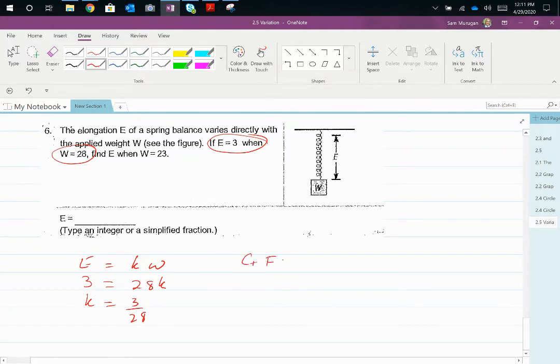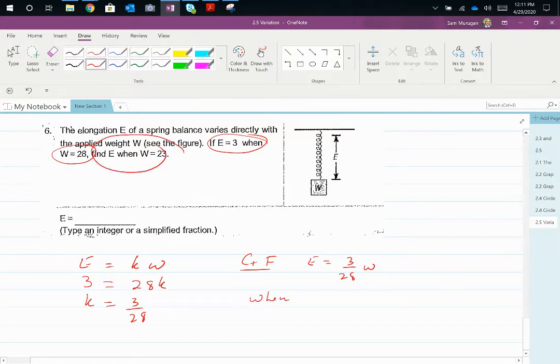General formula, E is equal to 3 over 28 W. Now we answer the question.